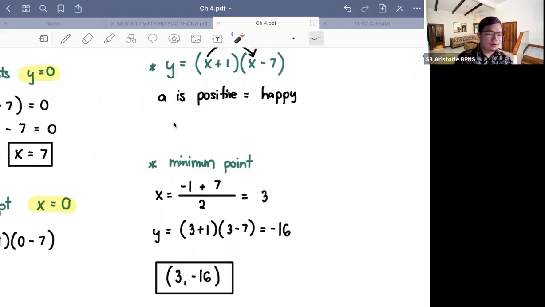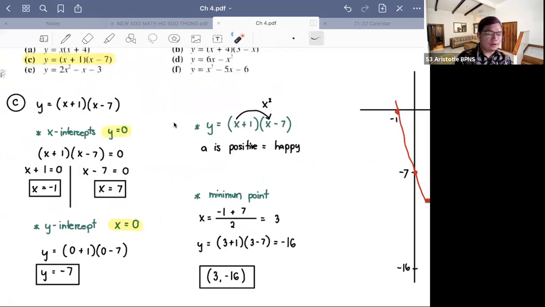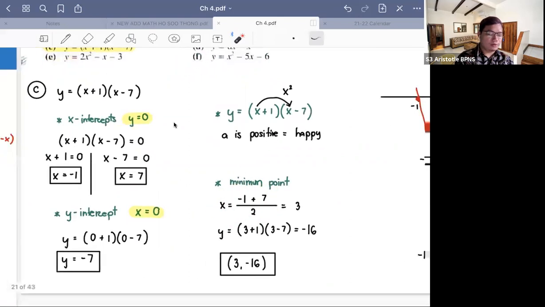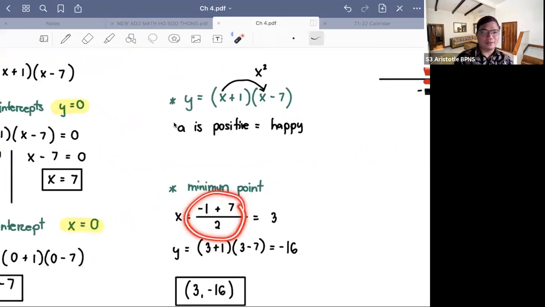The minimum point is again the center of the two x-intercepts. So what we need to do is add the two x-intercepts, divide them by 2, and this is the x-coordinate of your minimum point.